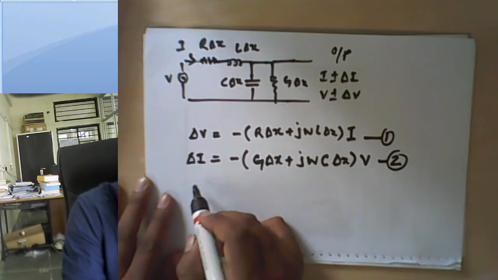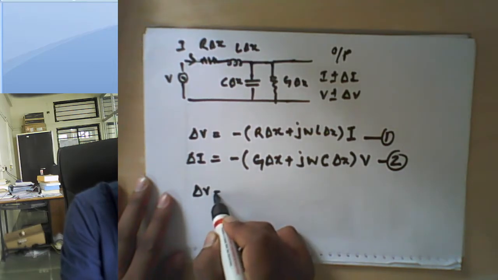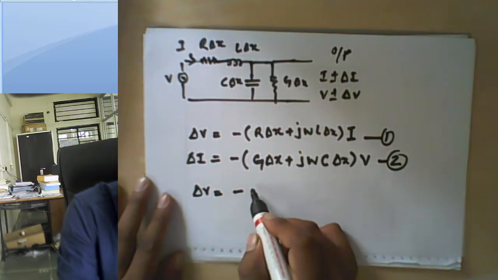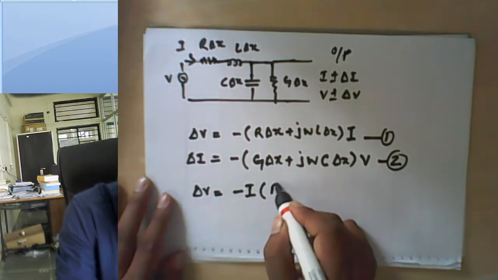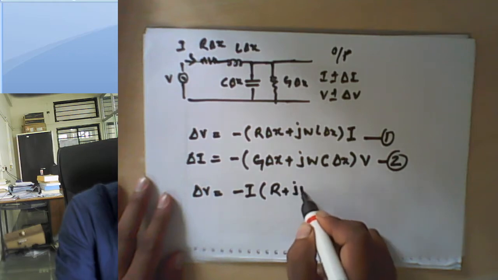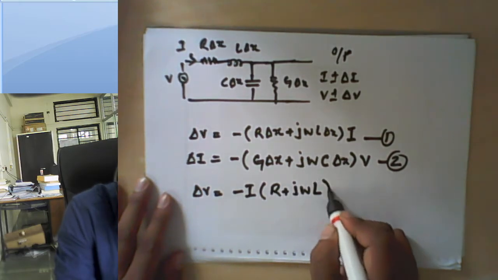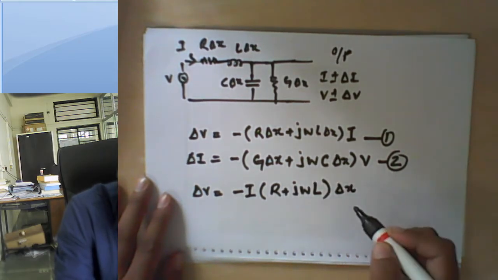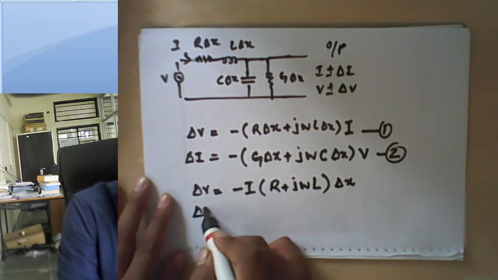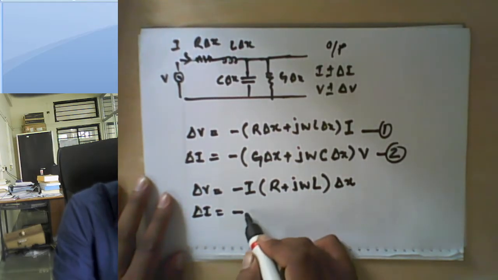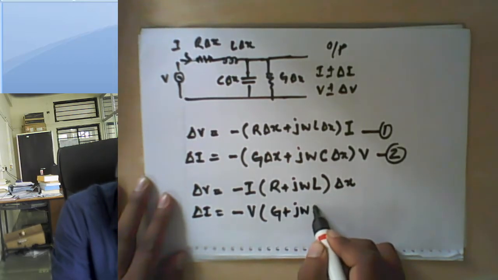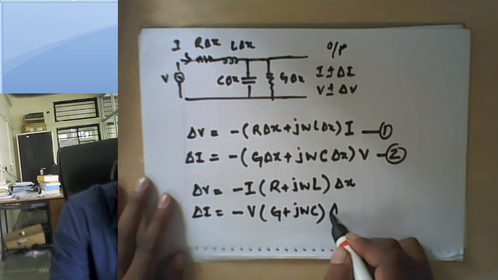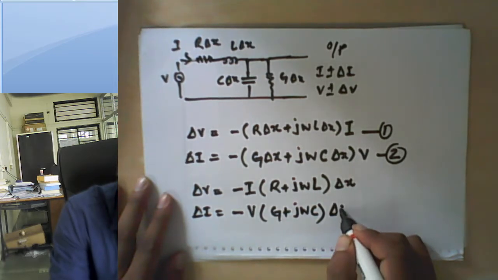In equation number 1 we'll take delta X common, so this will be minus I, and I'll write (R plus j omega L) delta X. Similarly we have delta I is equal to minus V (G plus j omega C) delta X.